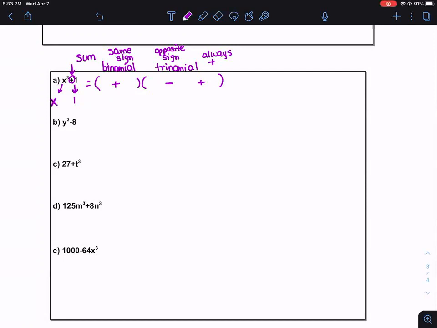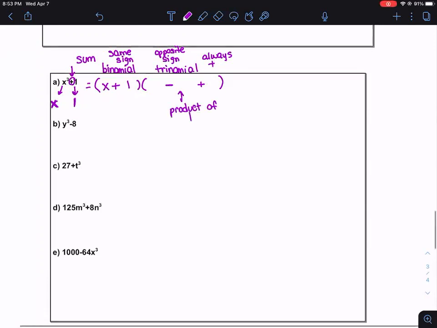Whatever we write down here, so whatever the cube root of each term is, goes in the binomial. The product of the terms in the binomial goes in the middle. So x times 1 is just x.